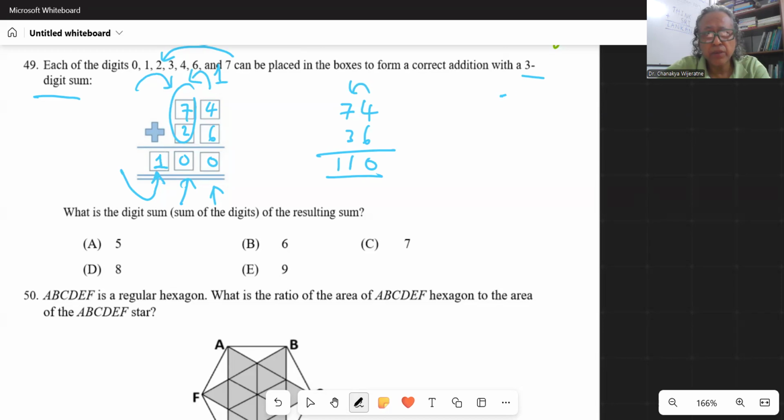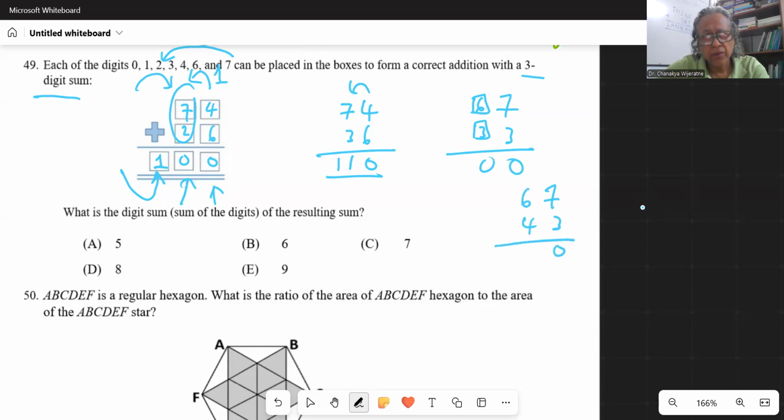Can it be 7 or 3? So these two boxes have to be 9 or more. Can we have 9? Yes, 6 and 3. In that case, 0 here, 0 here, no. Right, can it be 7, 3, 6, 4?